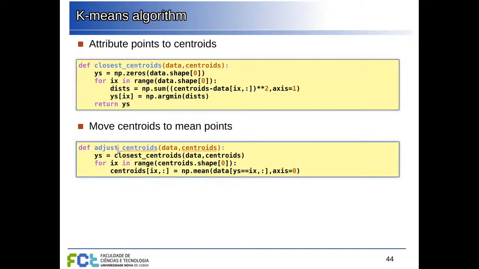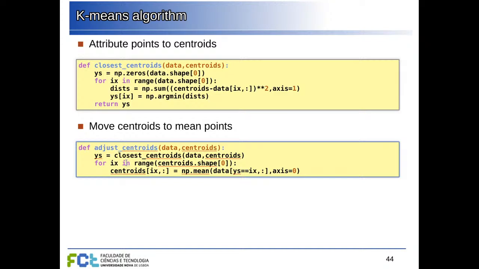We also need, during the algorithm, to move each centroid to the midpoint of the examples that belong to that cluster. So we are going to get the labels for all the points in our data.